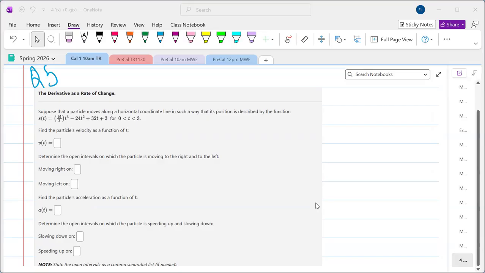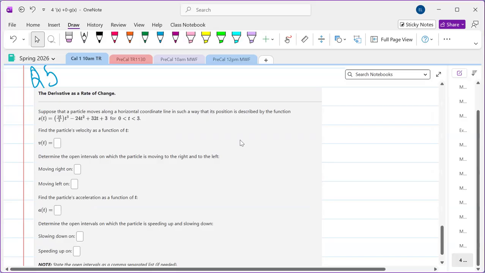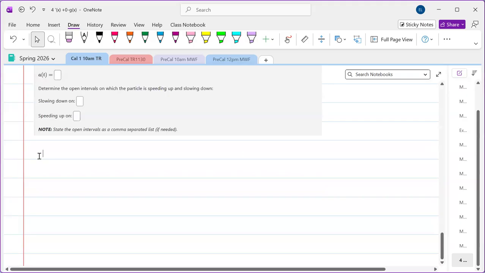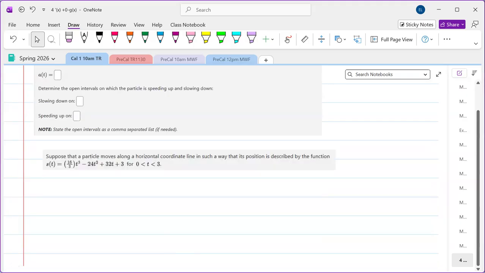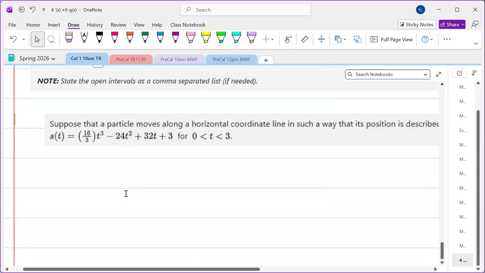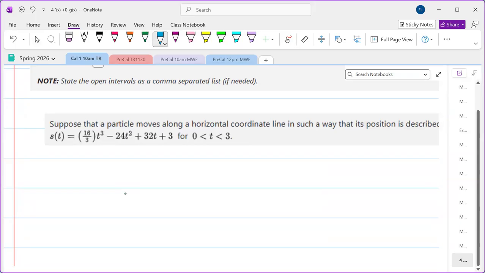But either way, our first step is figure out the velocity and acceleration functions. So velocity is the first derivative.